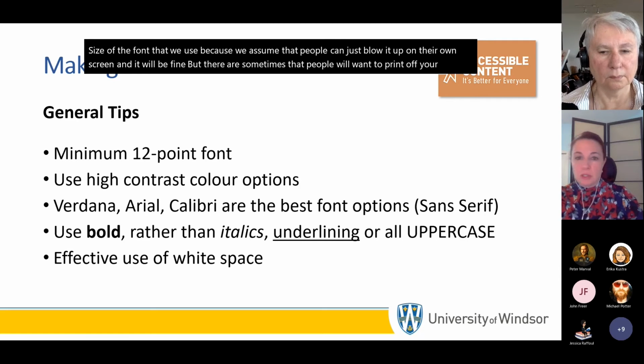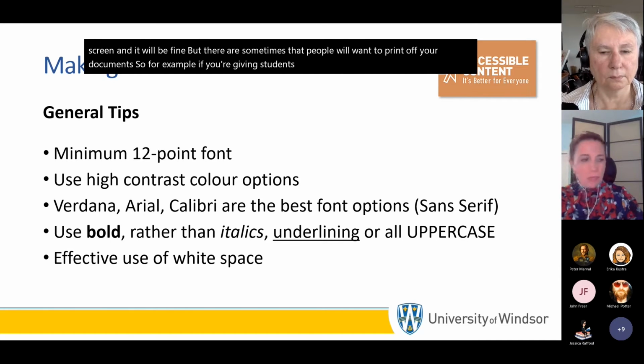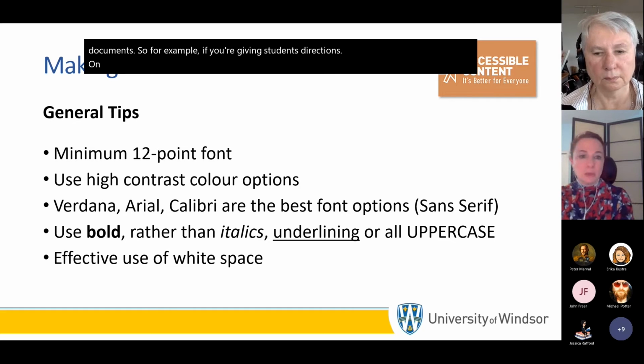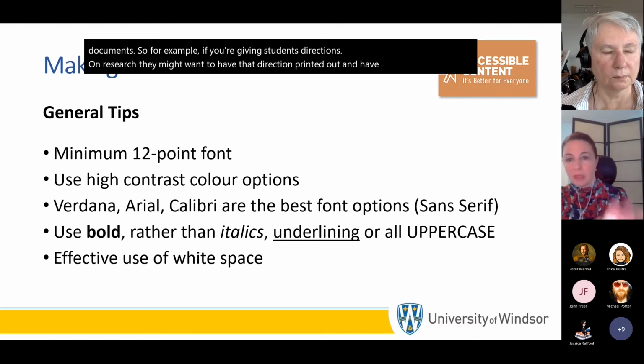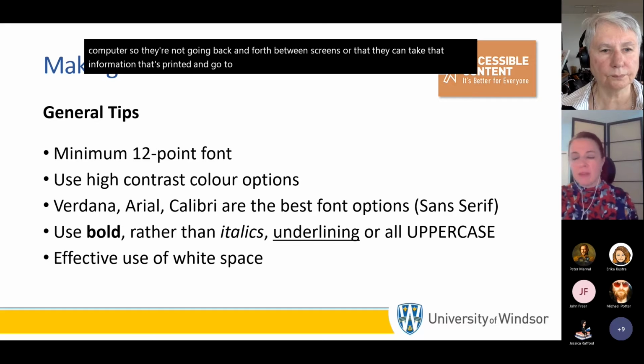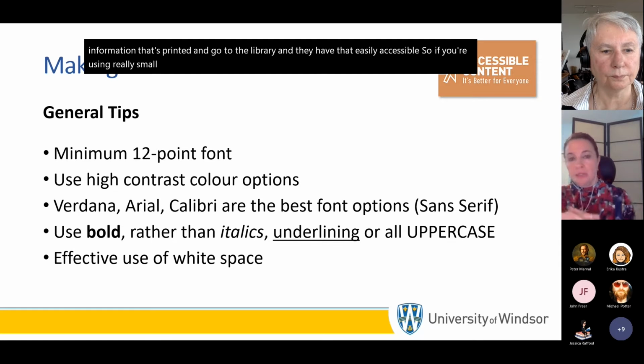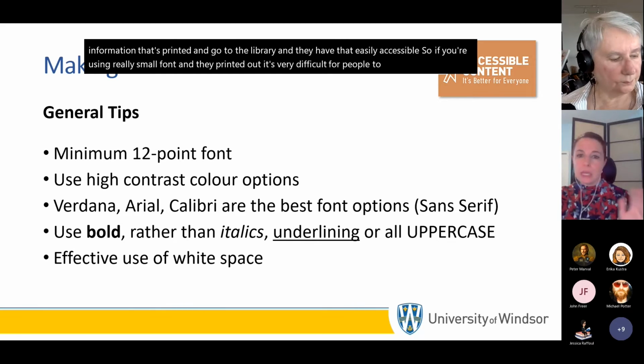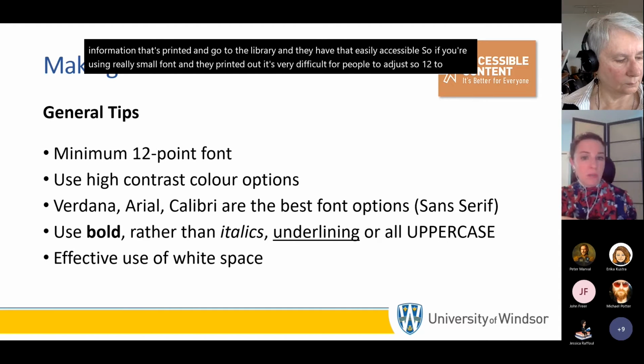For example, if you're giving students directions on research, they might want to have that direction printed out next to their computer, so they're not going back and forth between screens, or take that printed information and go to the library. If you're using really small font and they print it out, it's very difficult for people to adjust. So 12 to 18-point font is very helpful.